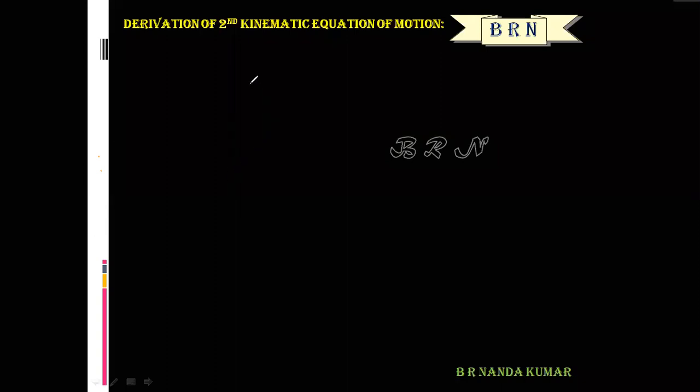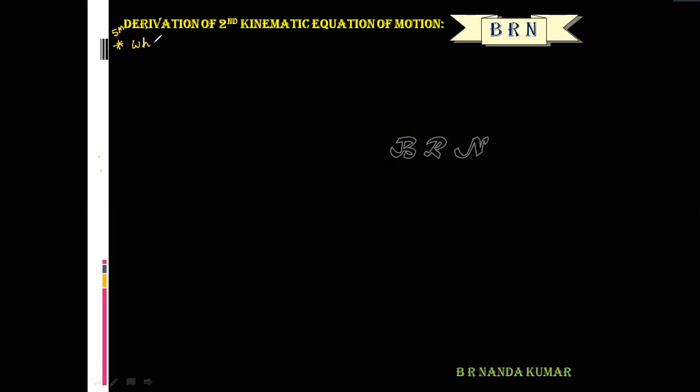Okay, so the next, a very important topic, derivation of the second kinematic equation of motion. Derivation of the second kinematic equation of motion, or what is VT graph. This is very important for 5 mark.